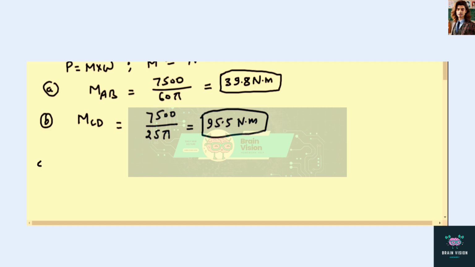And for EF, couple on the shaft EF is 7500 upon angular velocity of EF, that is 10.4167 pi. So you will get 229 Newton meter. That's all for it.